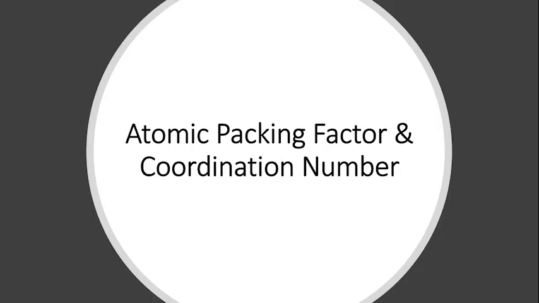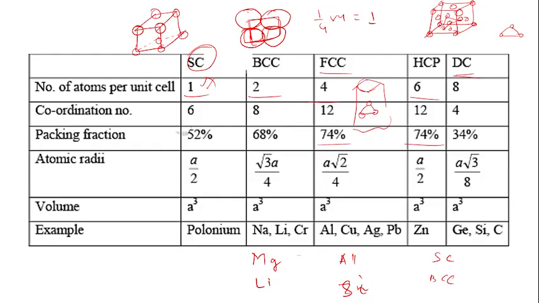Now we will see how to calculate the packing fraction. I'll do it for simple cubic and BCC, and FCC maybe. Then HCP you try on your own. So what is a packing factor?